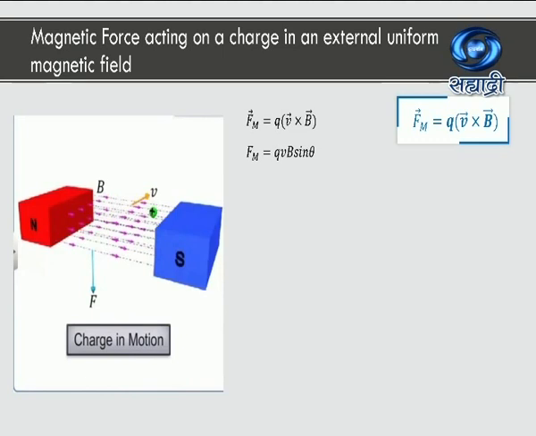Suppose the same charge that we took then, positive charge Q, is passed or made to travel through an external uniform magnetic field of induction B, then what happens? Will this charge now experience a force? What must this force be called? And what should be the direction of this force?